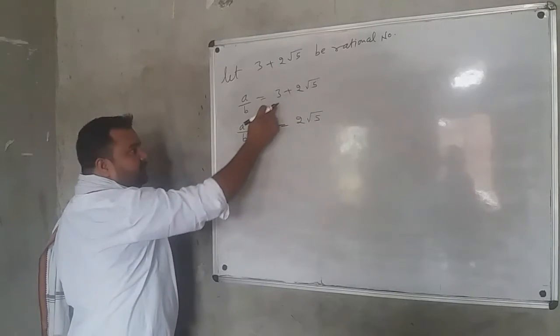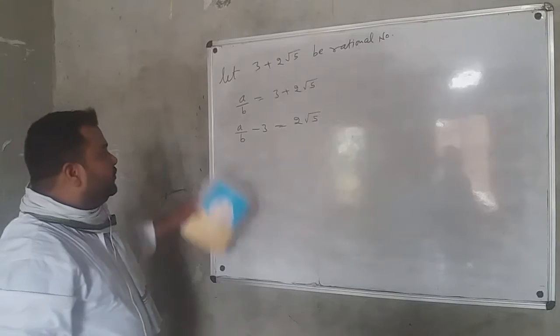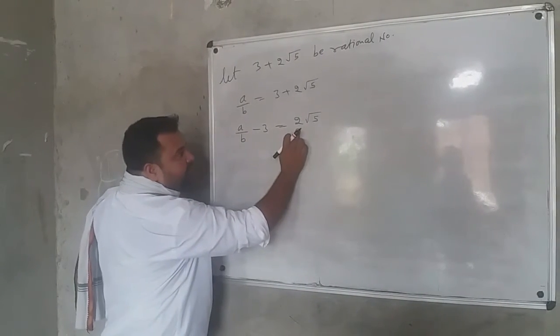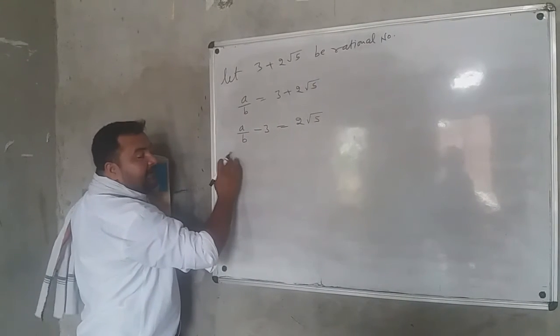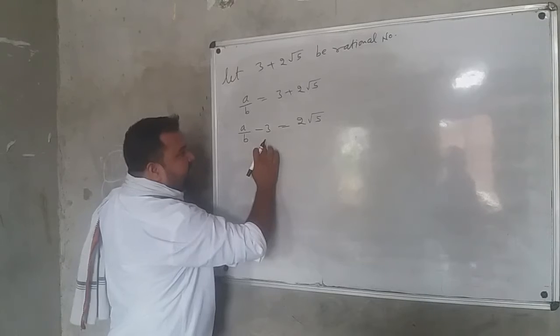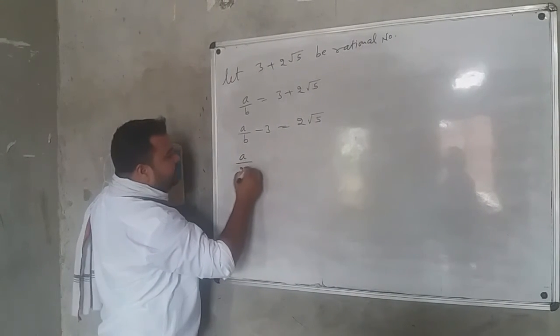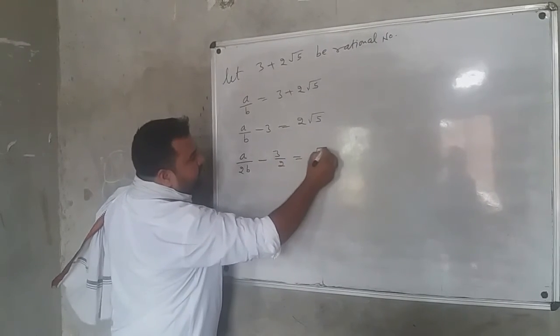This 3 will be shifted towards LHS. Here 2 is given, so we will divide the whole equation by 2. On dividing LHS and RHS by 2, it will become a by 2b minus 3 by 2 equal to root 5.